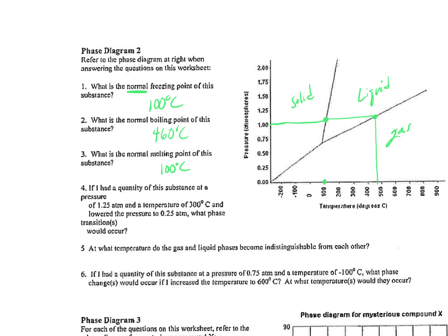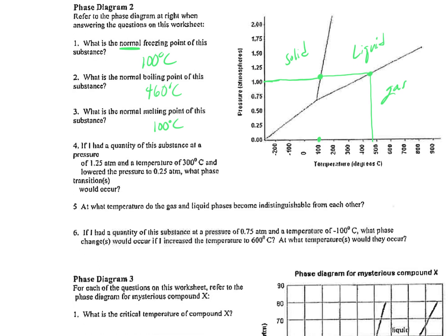It's 100 degrees Celsius. If I had a quantity of this substance at a pressure of 1.25 atmospheres, let's do this in a different color. Temperature is at 300, so somewhere around there.